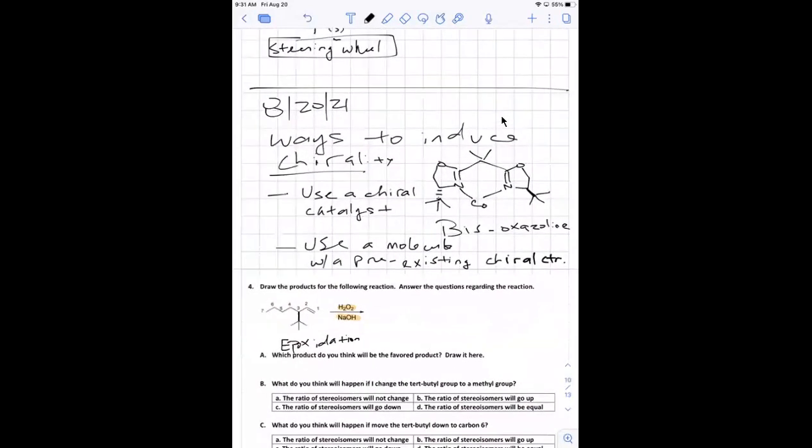What happens when you use that strategy is we get out an unequal mixture of stereoisomers. Let me move this.